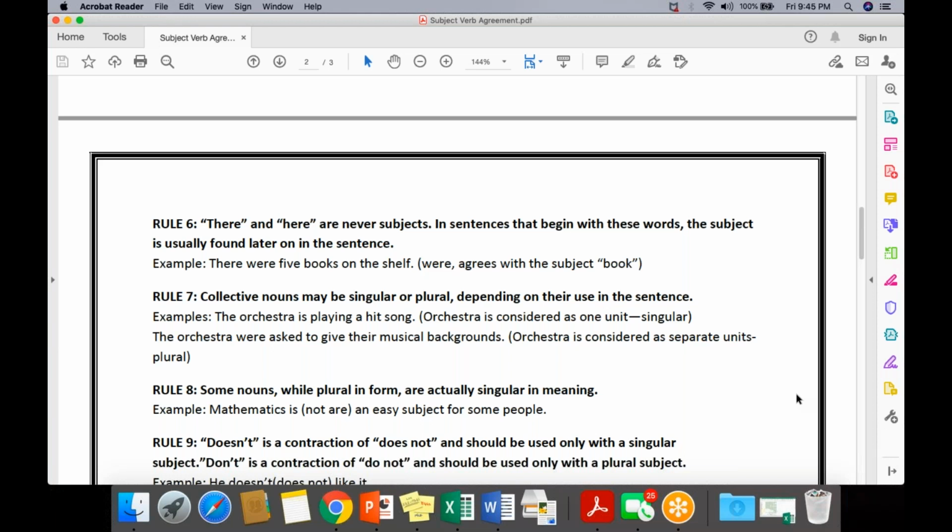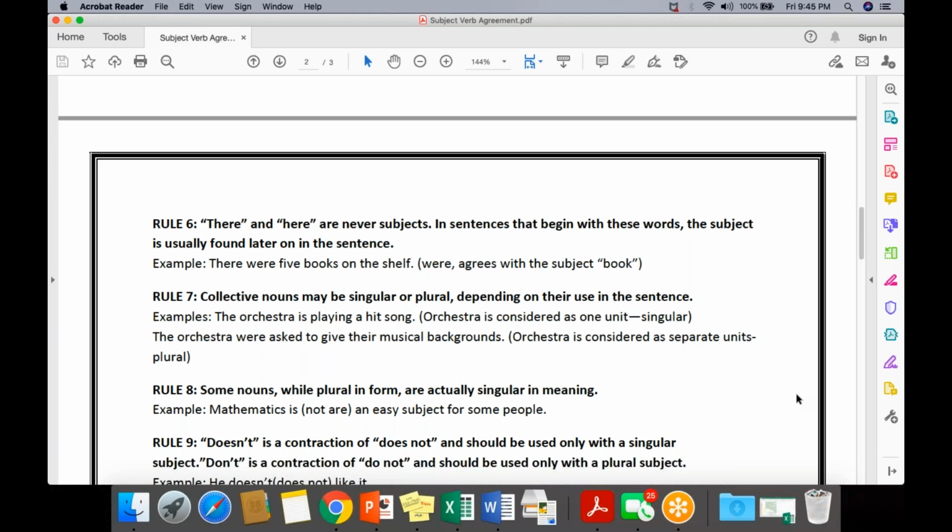If I say orchestra is playing a hit song, am I treating orchestra as singular or plural? But if I say that orchestra were asked to give their musical backgrounds, and especially when I'm using the word their, that means that I am talking about each individual person present in the orchestra.